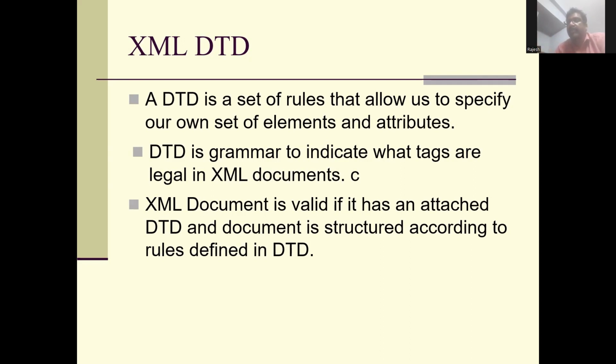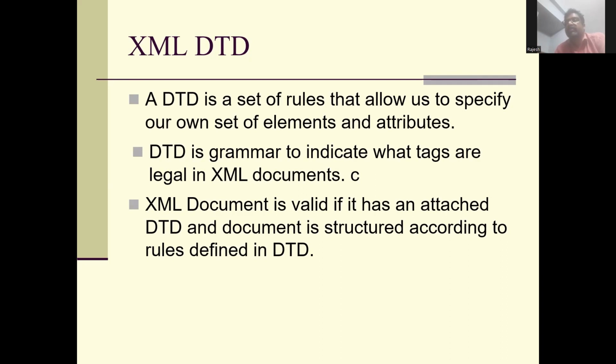So a DTD is just like a grammar, indicating which tags are legal in an XML document and which tags are illegal. For example, if you mention two elements in the XML document, the same two elements should be there in the DTD. So the DTD defines the structure for the XML document, just like creating a schema, and according to that we can insert the values.